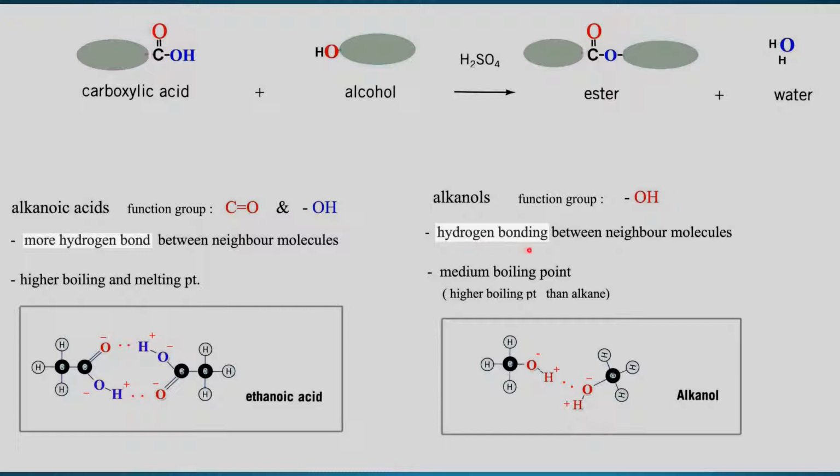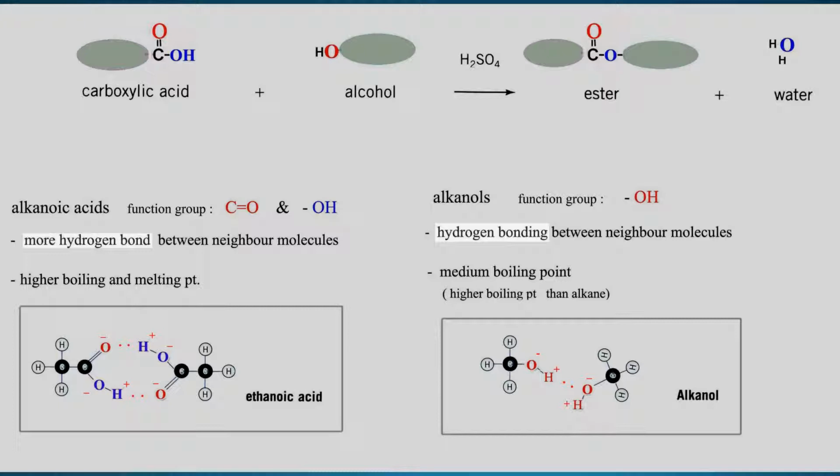So they form a hydrogen bond between neighbors. So this alcohol with an OH and the other alcohol with an OH form hydrogen bonds between neighbor molecules and give them a quite high to medium boiling point. They're much higher than those non-polar molecules.